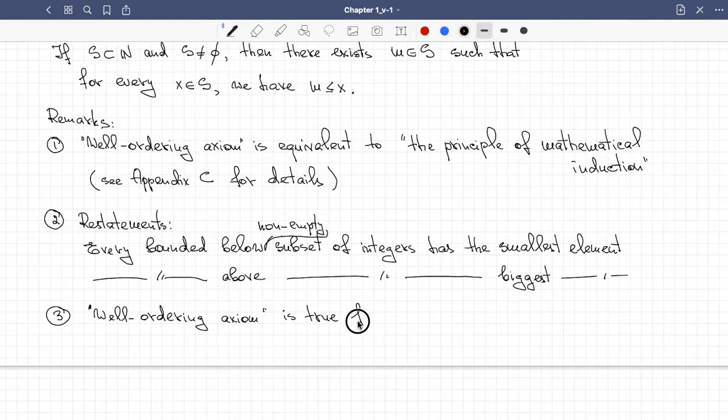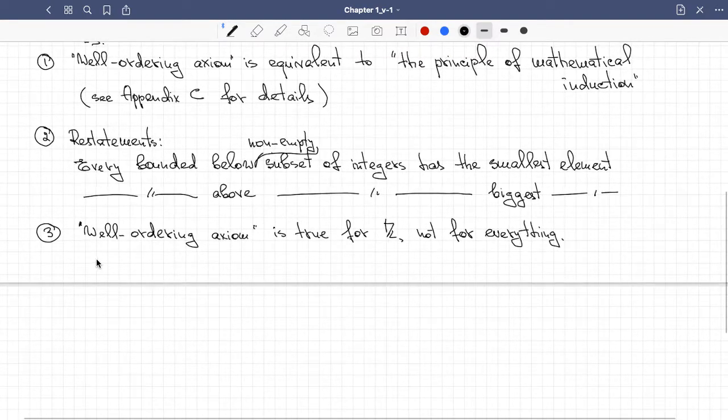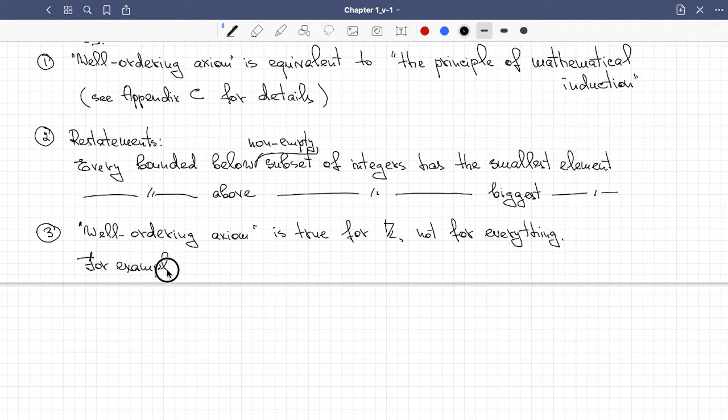For example, the axiom is false for Q, the set of rational numbers.